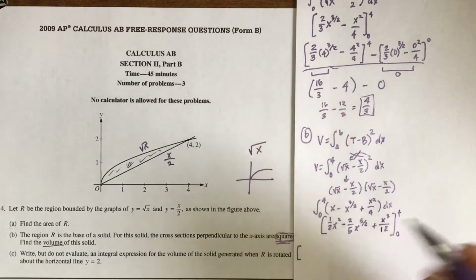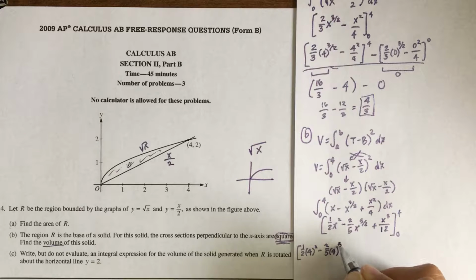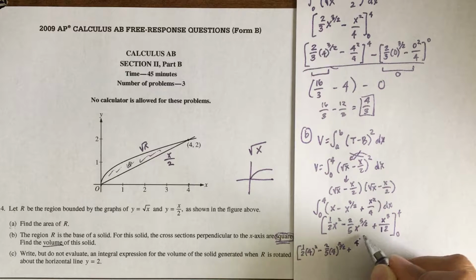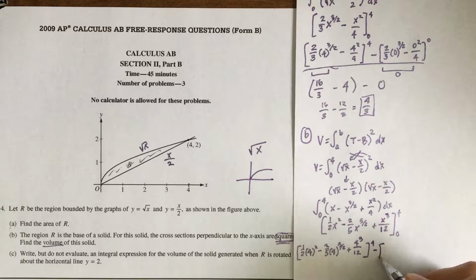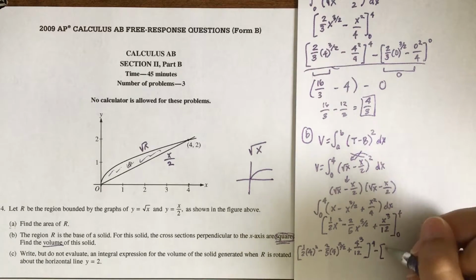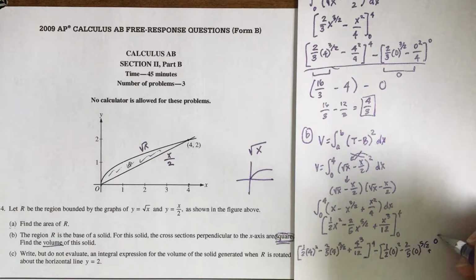Plug in 4 first. 1/2 times 4 squared minus 2/5 times 4 to the 5/2 plus 4 cubed over 12. And then subtract, and you plug in 0.